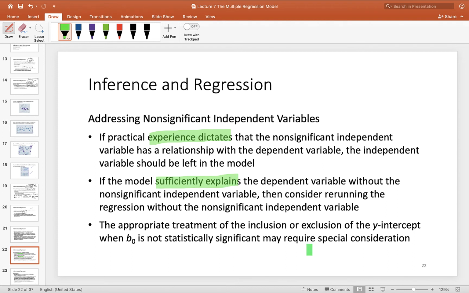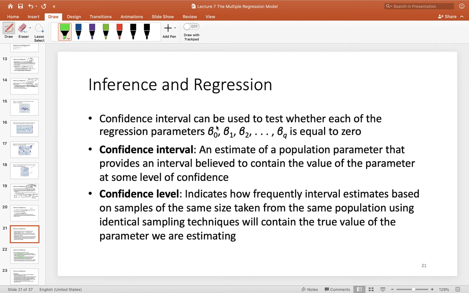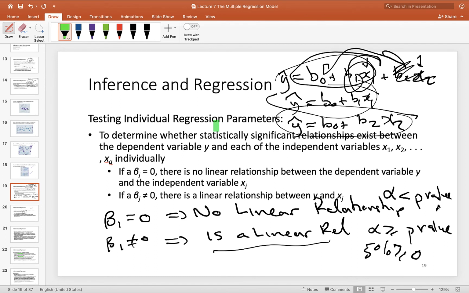But whatever happens, when you have this issue where an independent variable is said to be non-significant, remember, non-significant means that it's not related. And I'll tell you why that is. Let me just go back a bit. It's non-significant, or not related, because the null hypothesis here is no linear relationship.